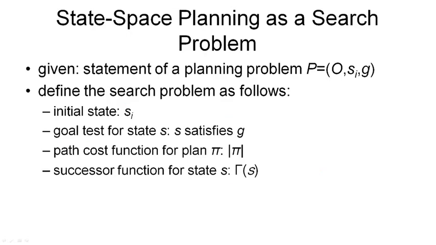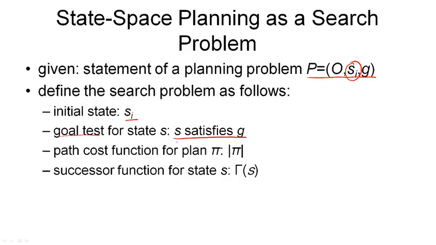More specifically, here is how we can define a planning problem as a search problem. We are given a planning problem as a set of operators which implicitly define a state transition system. We're given an initial state and a goal description. These three components make up our planning problem. Then we can define the search problem as follows. For the search problem, we need an initial state, and we simply take the initial state from our planning problem. Then we need a goal for our search problem, and we define a goal test here, namely the test that s satisfies g.